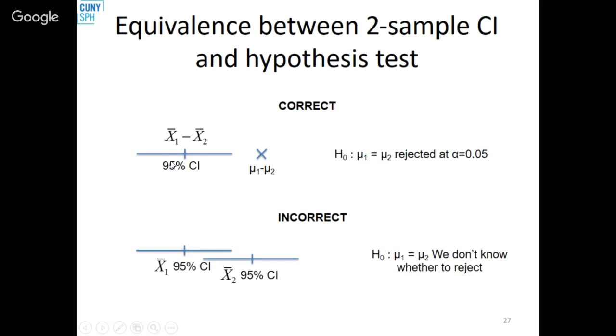You can have a case where your confidence interval on the difference does not include, let's say this is 0, but there is still overlap between the individual confidence intervals. So you have to do it this way with a single confidence interval if you want to do some kind of inference based on that confidence interval. Does that make sense? That's an important point.